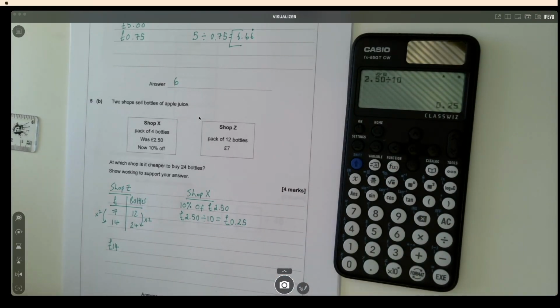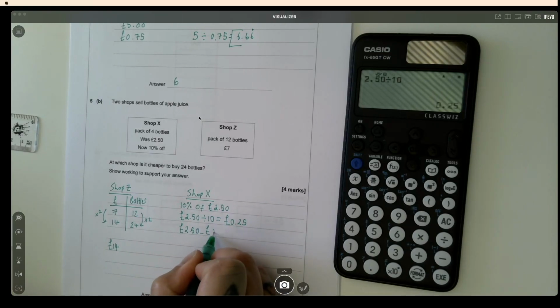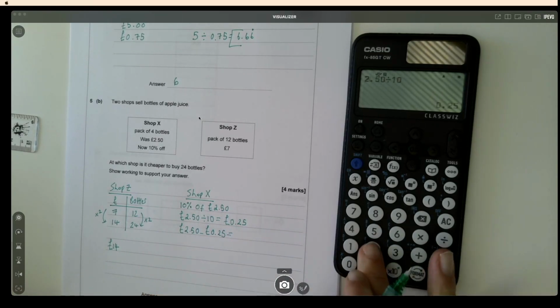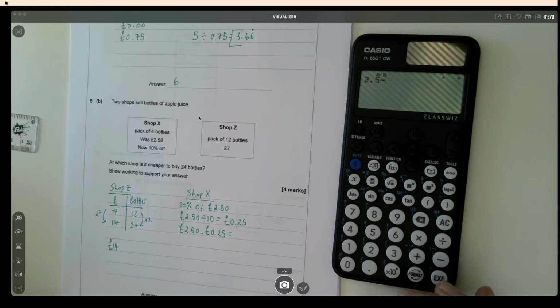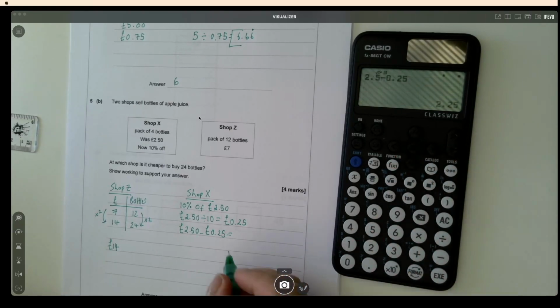So that's 25 pence. So we're going to get 25 pence off that. So £2.50, subtract that 0.25 is £2.25. Remember, this is for 4 bottles, okay?